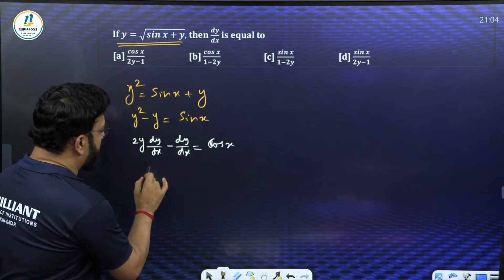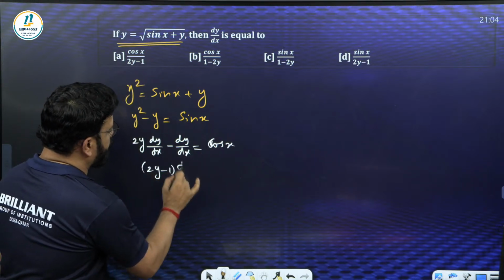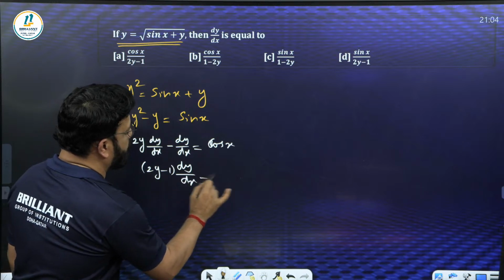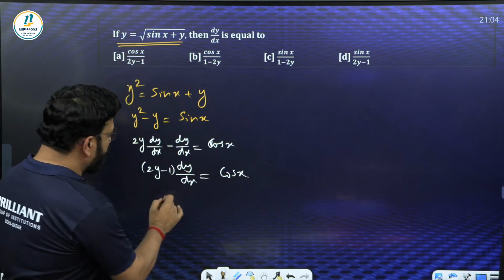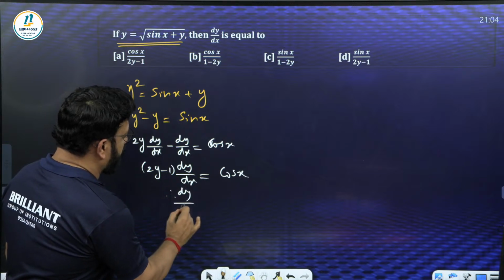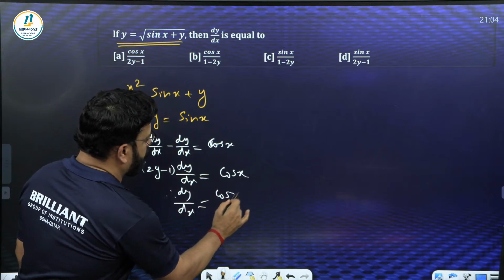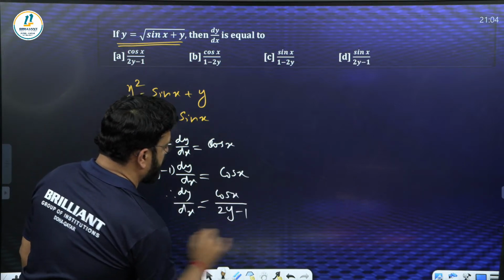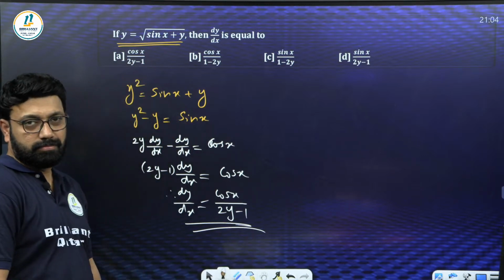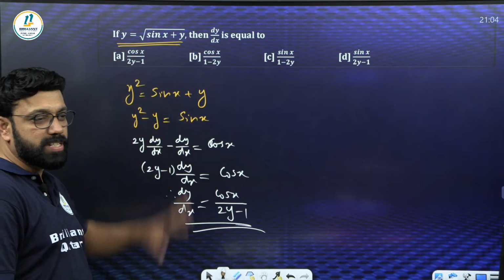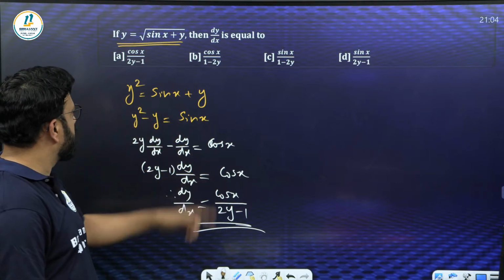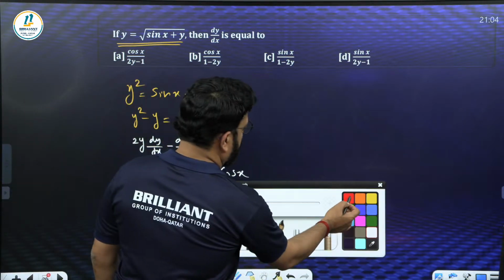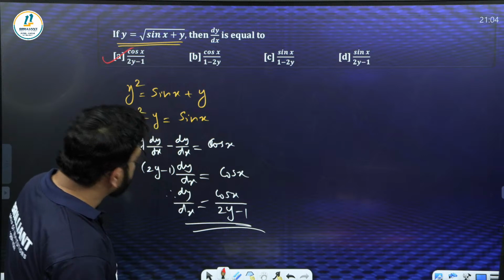Then dy by dx is common: 2y minus 1 into dy by dx equals cos x. Therefore, dy by dx equals cos x divided by 2y minus 1. Very easy, just rearranging, squaring on both sides, taking the derivative. Option A, yes, option A.